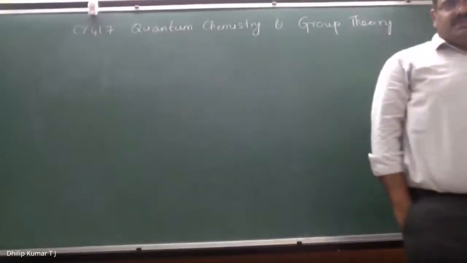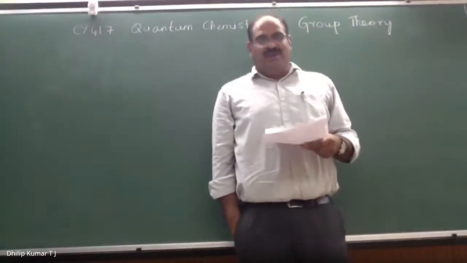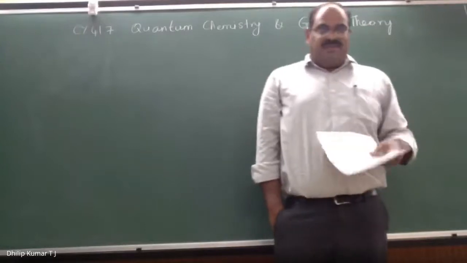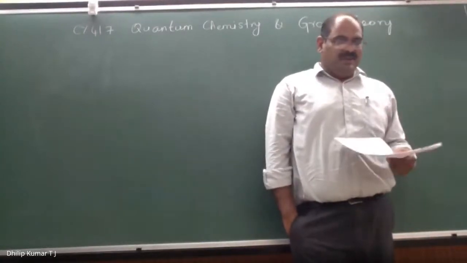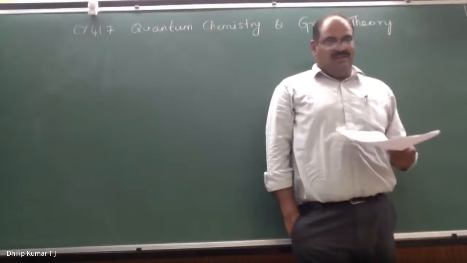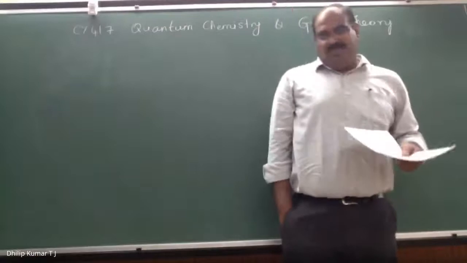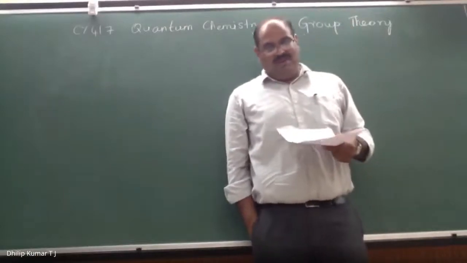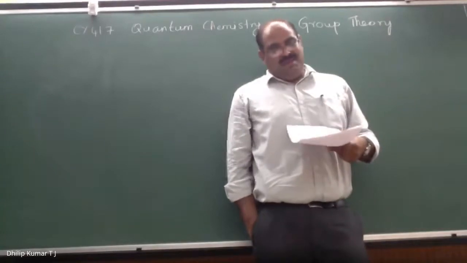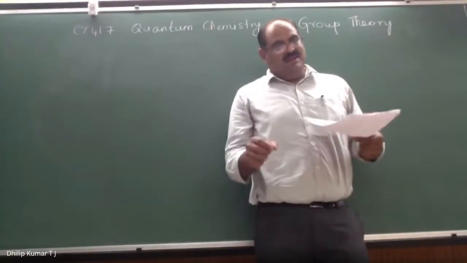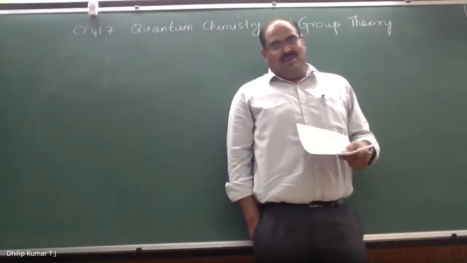So this course is, I think I shared the template, the course outline. This is quantum chemistry and group theory. It's a 3-credit course. That means it's all theory. Every week we take 3 classes, and for people who could not attend the live classes, we have an interactive session weekly once.